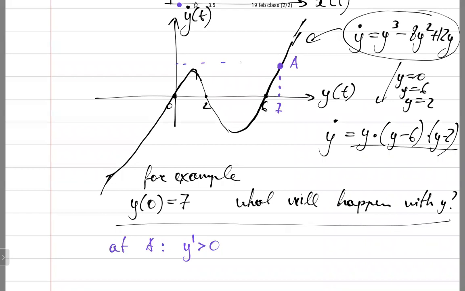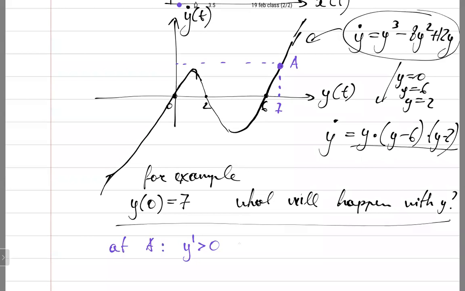I don't know the exact value because I have a sketch, but my sketch is sufficient to tell that y prime at the point A is strictly positive. Maybe it will be 2, maybe it will be 15. I don't care. It's positive. That's all that's important on that sketch.